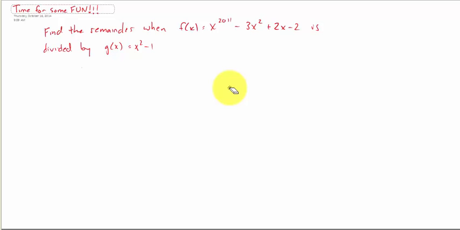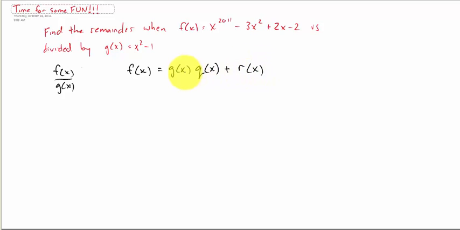So what can we do? Well, we're taking f of x and dividing by g of x. And we know that when we do that, the remainder will always be of less degree than g of x. So we know that we could write f of x as g of x times some quotient plus a remainder.